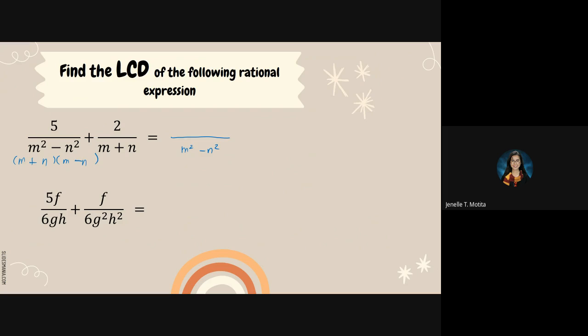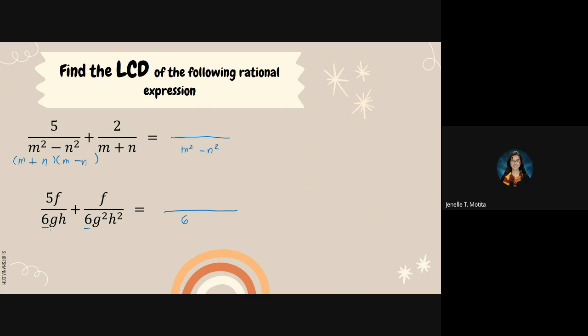Next, we got 5f over 6gh plus f over 6g squared h squared. How do we get the least common denominator for these rational expressions? Since the numerical coefficients are common, just write 6 here, since if you list the multiples of 6 and 6, their least common multiple is 6.